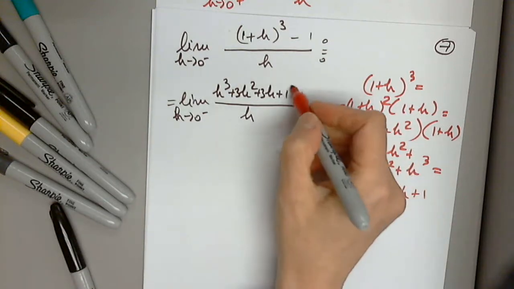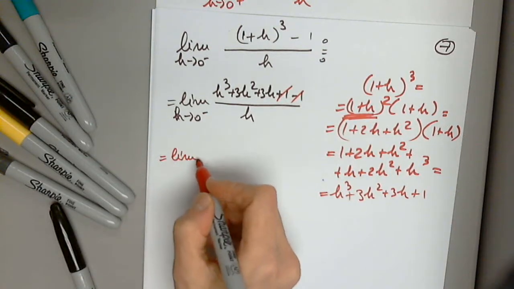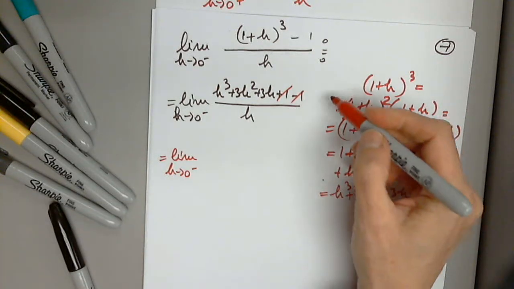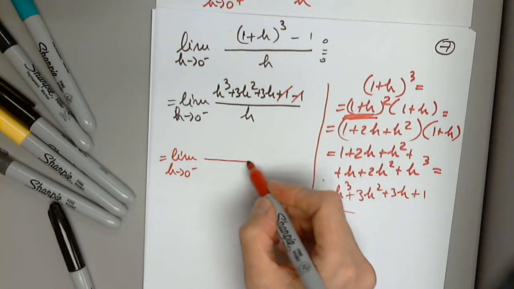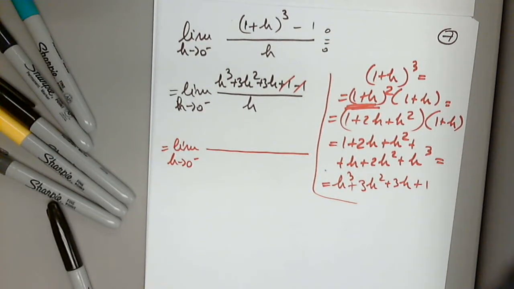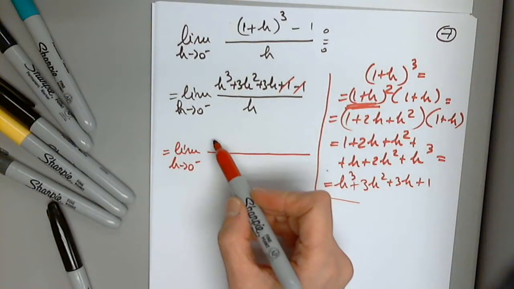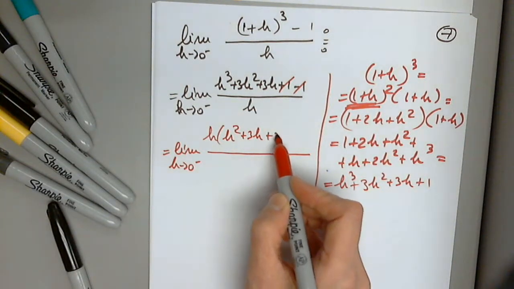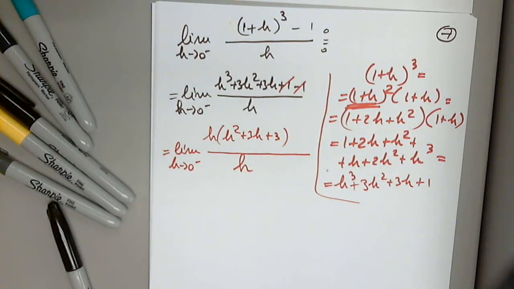So these two go away. Limit as h approaches 0 from the left. And of course, I will factor out the greatest common factor, which is h. So this is h squared plus 3h plus 3 divided by h.